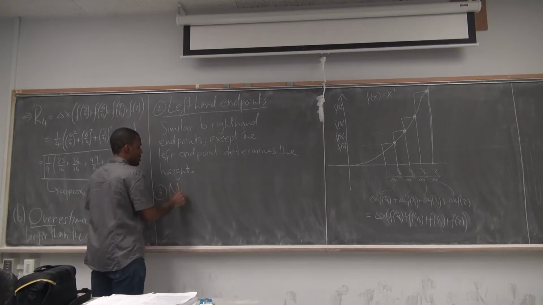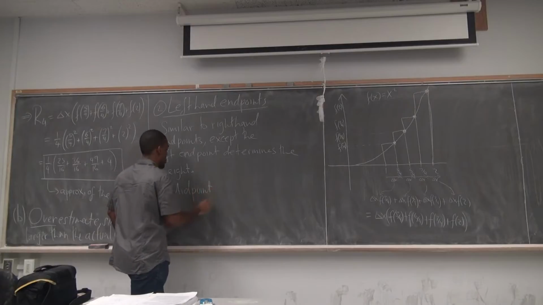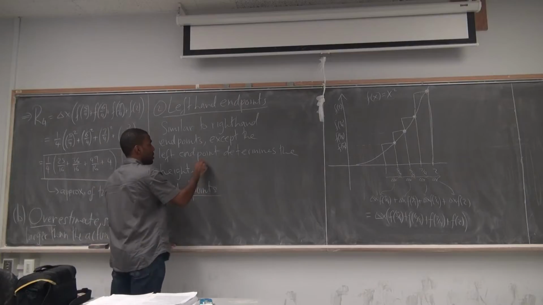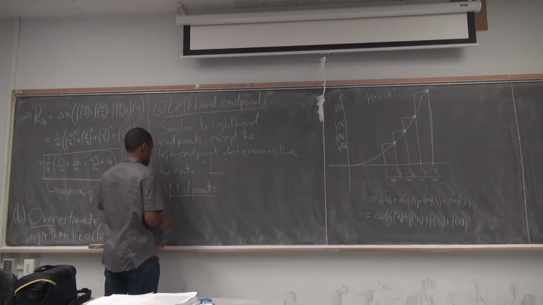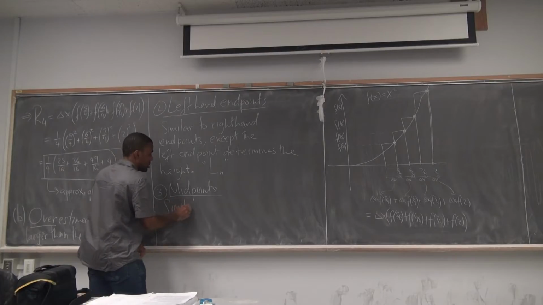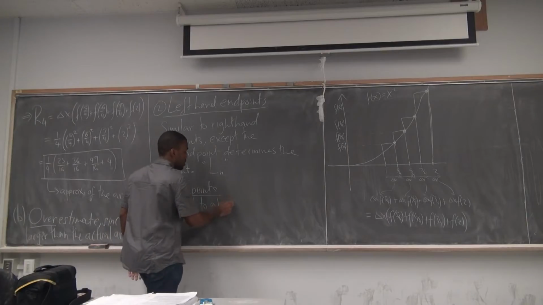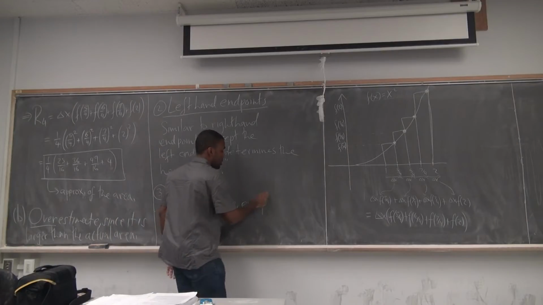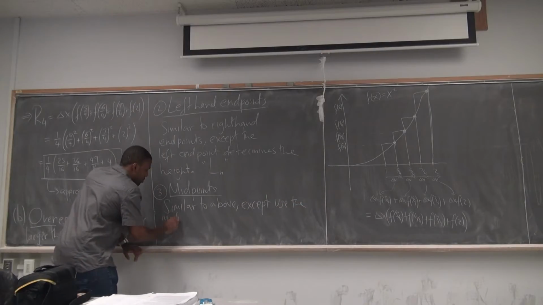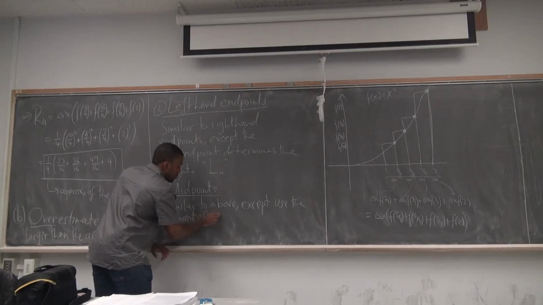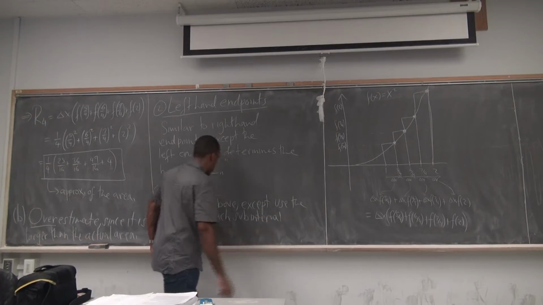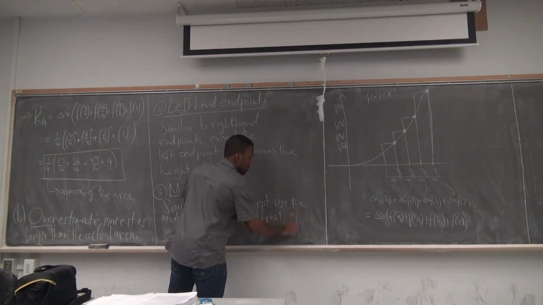We can also talk about the method of midpoints. And by the way, the left-hand endpoints you'd call Ln. The midpoint method is similar to above, except you use the midpoint of each input. This guy we call Mn.